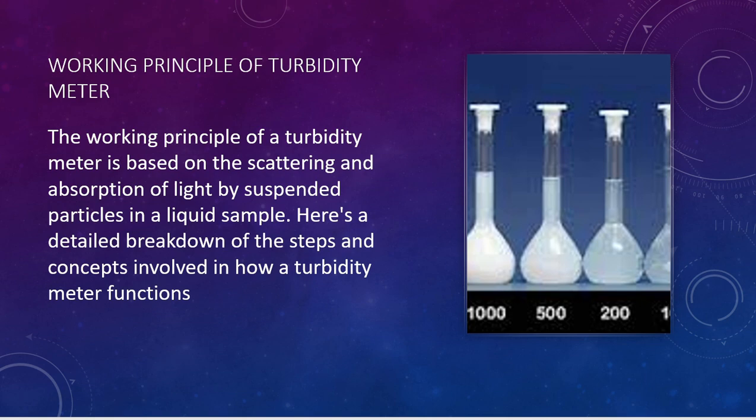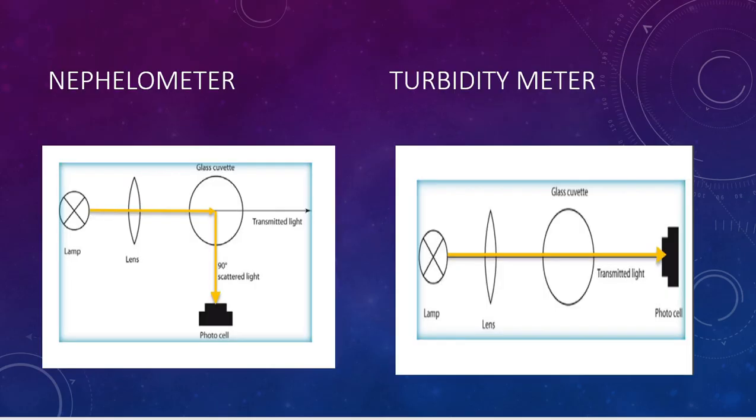The working principle of the turbidity meter is based on the scattering and absorption of light by suspended particles. So let's see the working diagram of the turbidity meter or nephelometer. Both are analytical devices used to measure the turbidity of any sample, as we have discussed earlier.